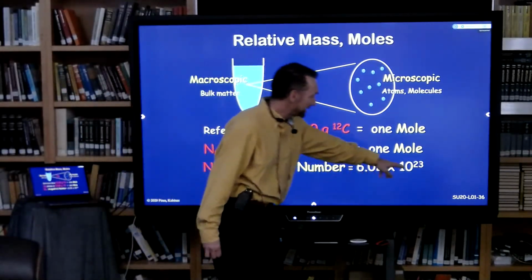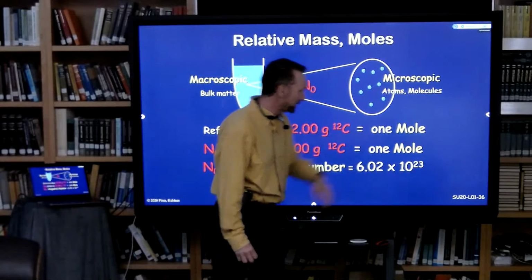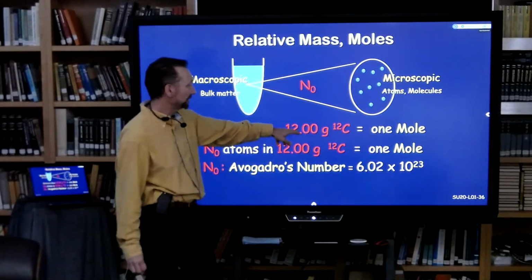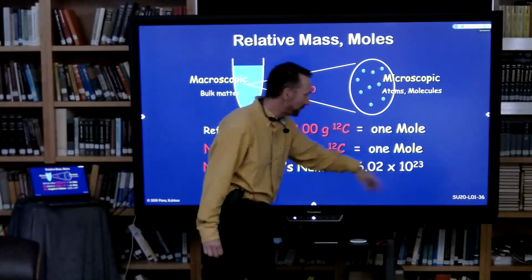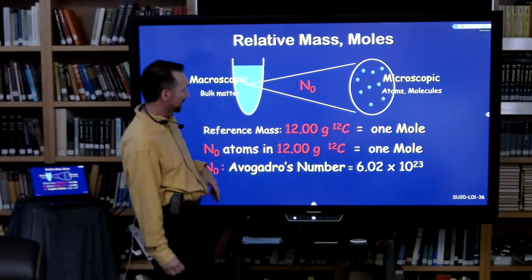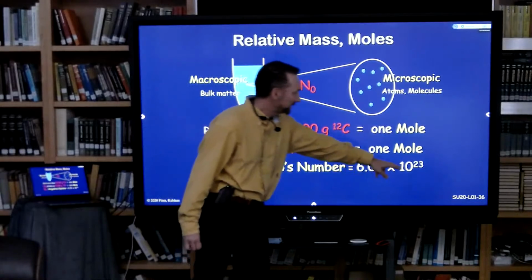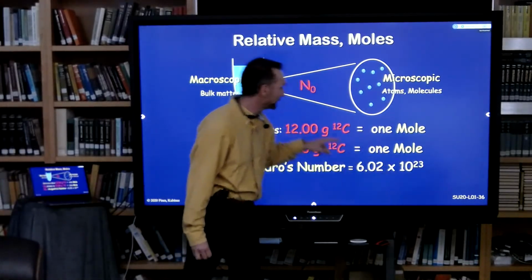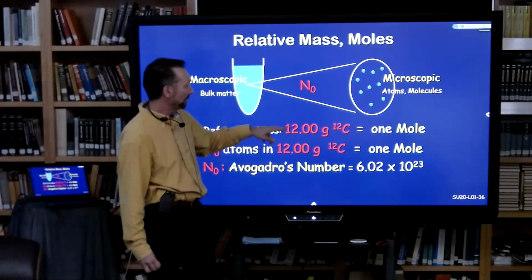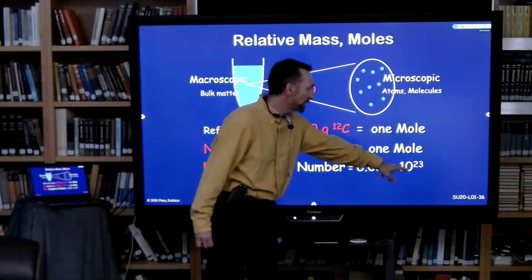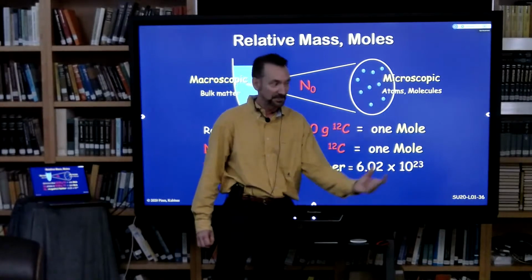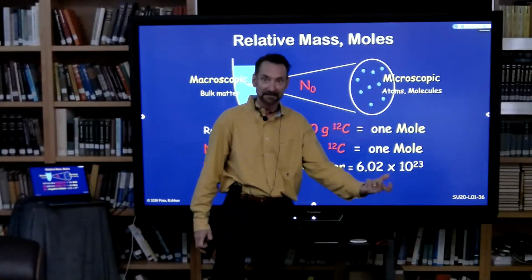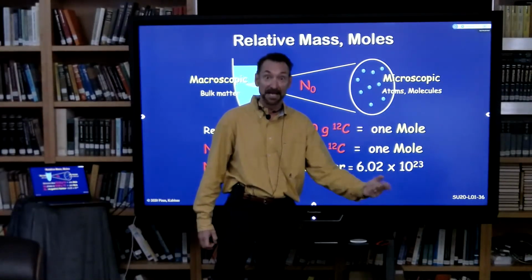It takes this many particles, 10 to the 23rd particles of carbon, to get you up to a mass of 12 grams. 10 to the 23rd particles of carbon dioxide would get you up to a mass of 44, because each individual carbon dioxide is heavier, and we know the relative masses.